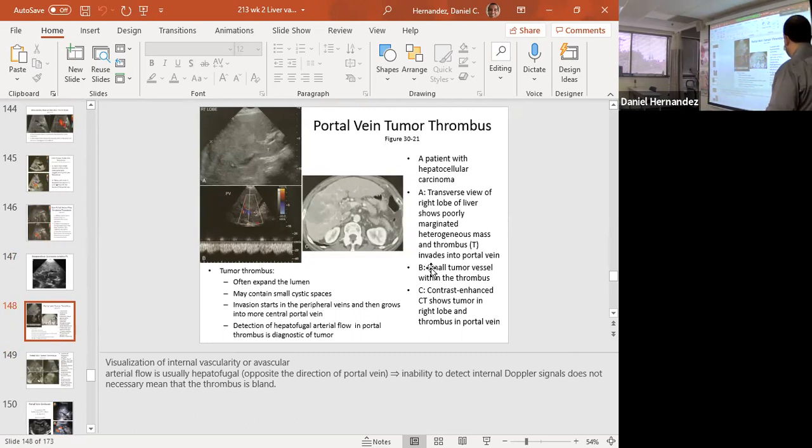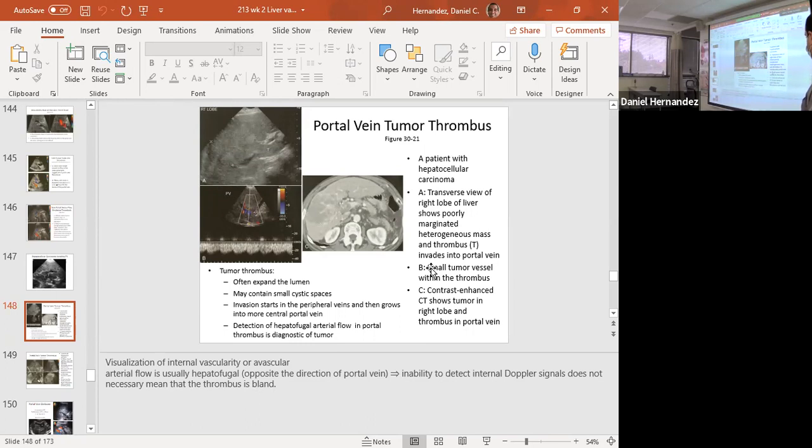Detection of hepatofugal arterial flow in portal thrombus is diagnostic of tumor. So if we're detecting an arterial signal or hepatofugal arterial flow in the portal thrombus, this can be a diagnostic characteristic of tumor.